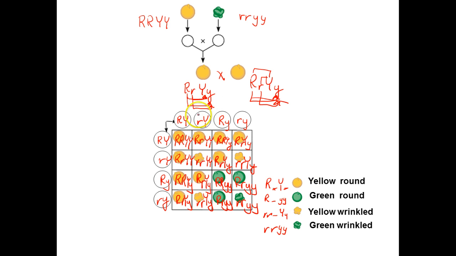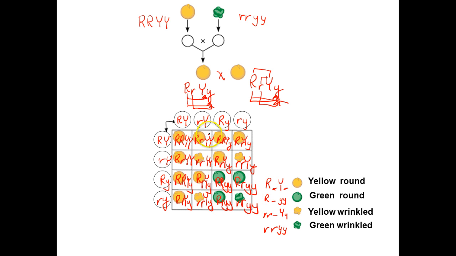Okay, so if you go down, this one will be yellow round, yellow round, yellow round, yellow round, yellow round, wrinkled, yellow, yellow round, yellow wrinkled, yellow round, green round, yellow round, yellow wrinkled, and green round and green wrinkled.